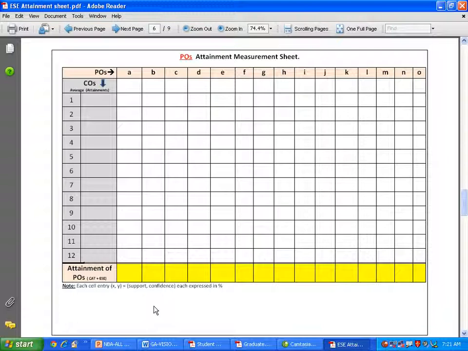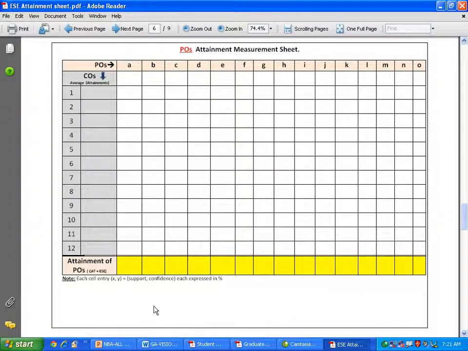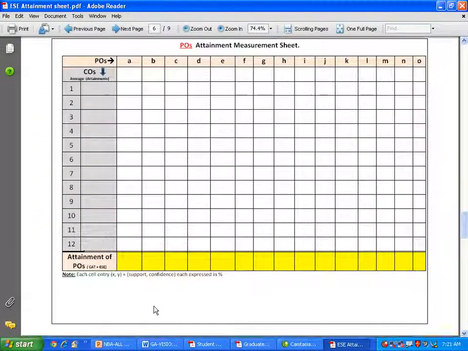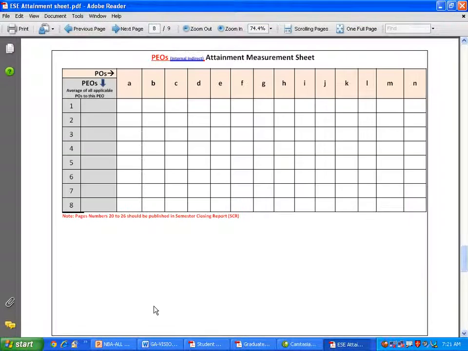Now having done the PO, for a given program, the PO to PEO mapping table matrix everyone might have generated. So looking at those, we go for the next one, that is program educational objectives. See here, look into that. In the previous step, we did the program outcome attainment.